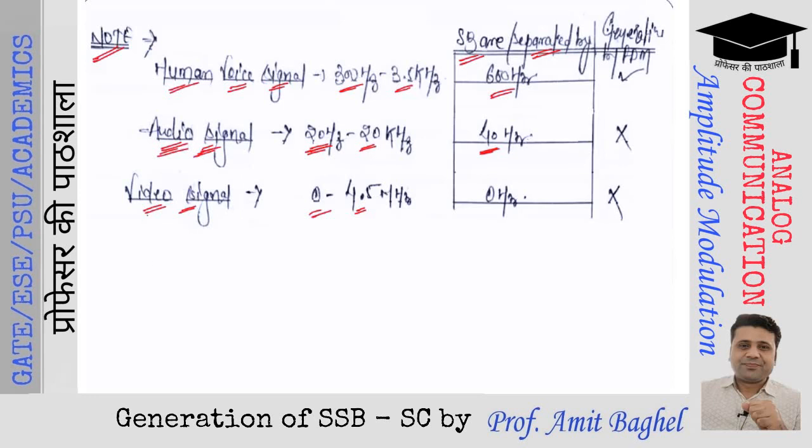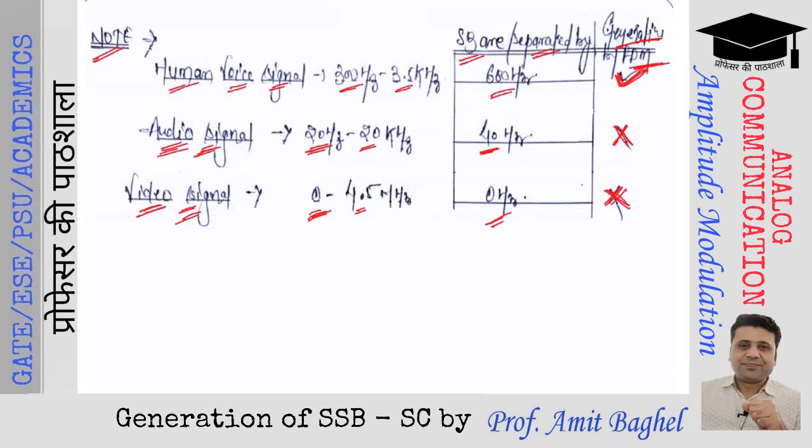And in the case of the video signal, since it ranges from 0 to 4.5 megahertz, the separation between the two sidebands is equal to 0 hertz. That means generation by the frequency discrimination method is possible in the case of the human voice signal, but it is not possible in the case of the other two message signals.